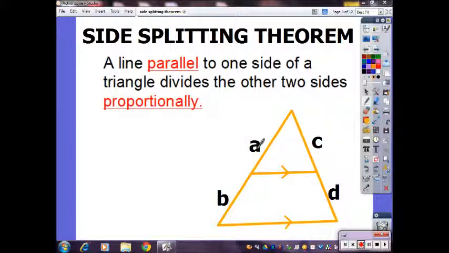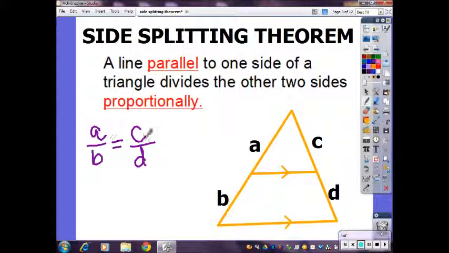I can say A to B because they're corresponding, and that would equal, and A also corresponds to C. So if A's on top here, C goes on top there. So C to D. This would be a true proportion because everything corresponds: the two that are in a ratio together and the two that are across from each other.